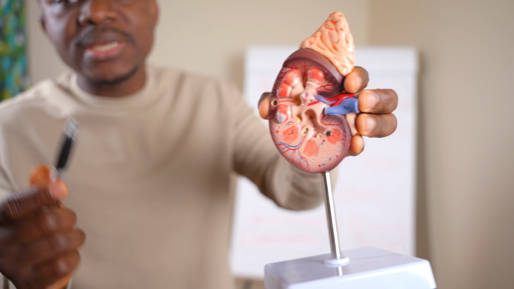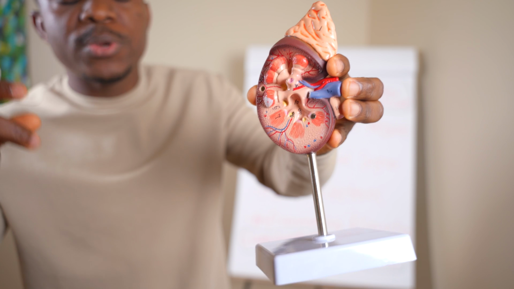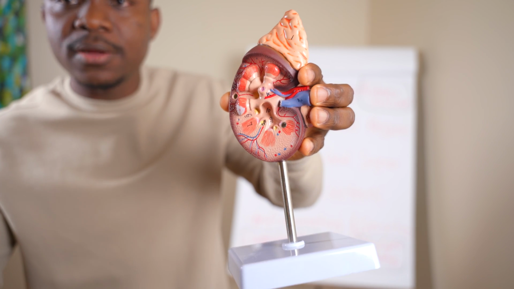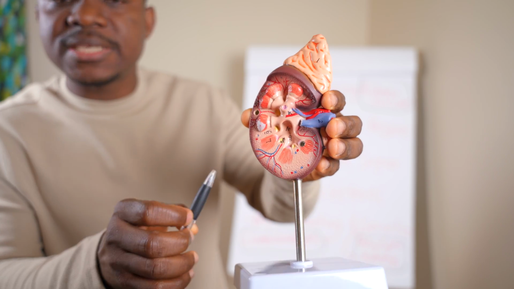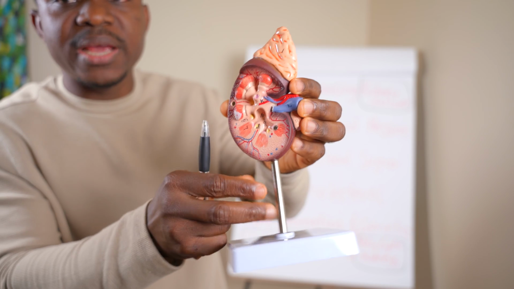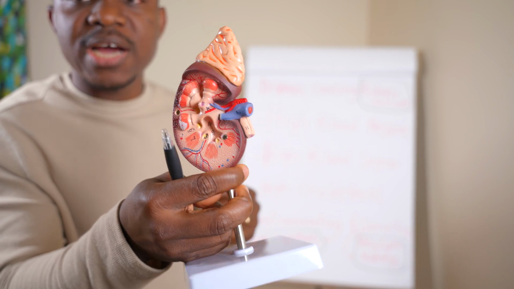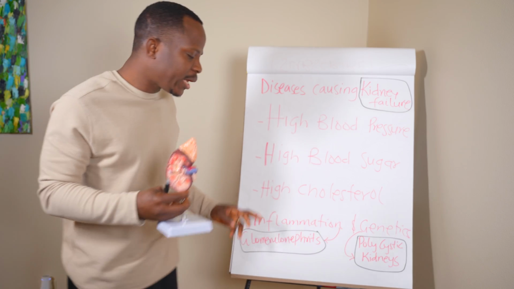And one of the ways the body does that is by an inflammatory process, which sends a lot of blood cells and other tissues, lymphocytes and all of that to the kidneys to fight it. And in the process, the kidney becomes inflamed, and when it happens over a period of time, it becomes chronic glomerulonephritis, which leads to kidney failure.